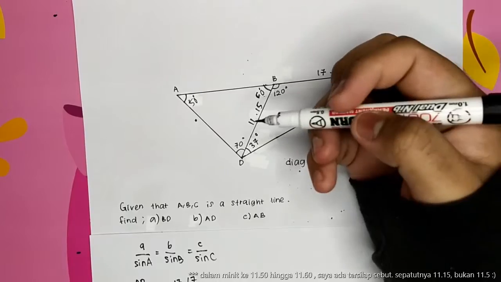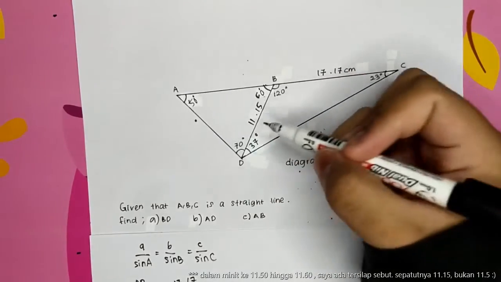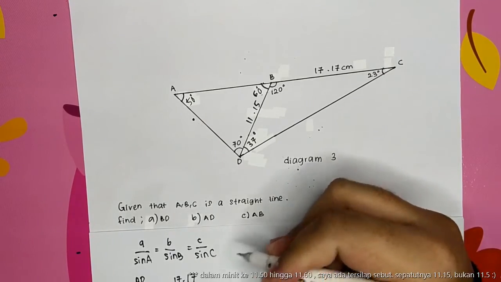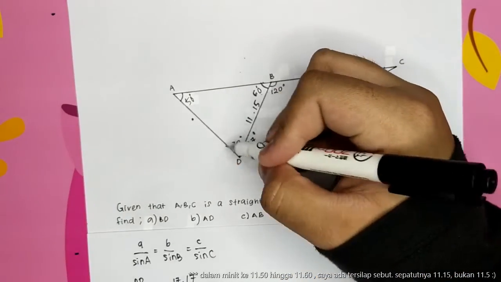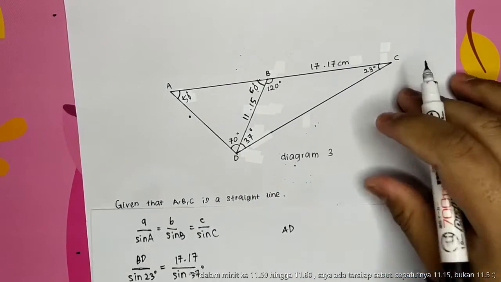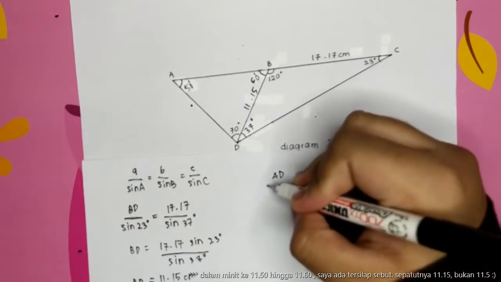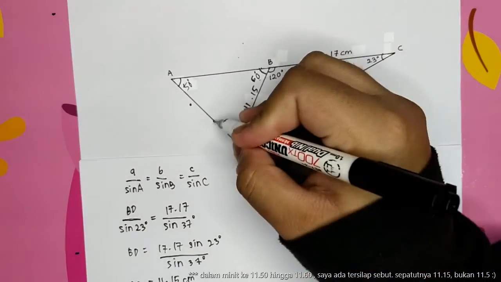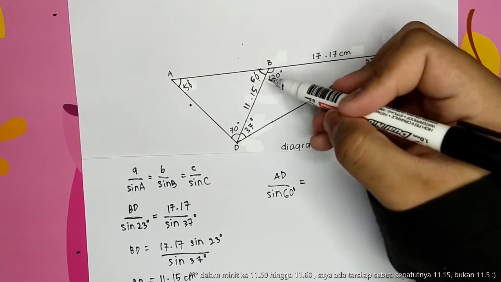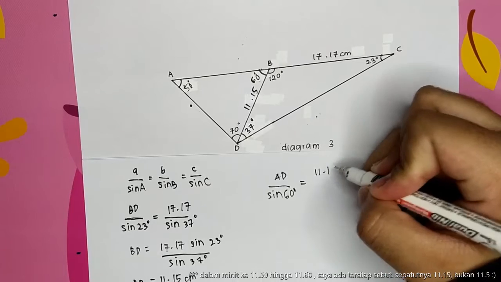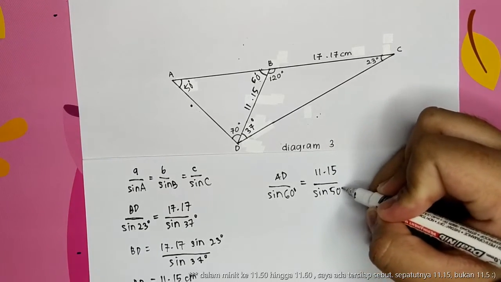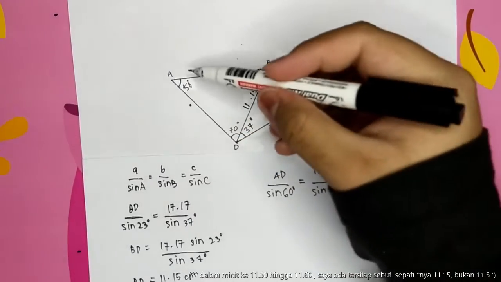So to find the value of AD here, we already have the data, so we just need to insert it. So we take A as this, which is the unknown, which is AD, over sine, the opposite angle of it is 60. Sine 60 equal to, let's use this side, which is 11.15 over sine 50, which is the opposite angle of this side.